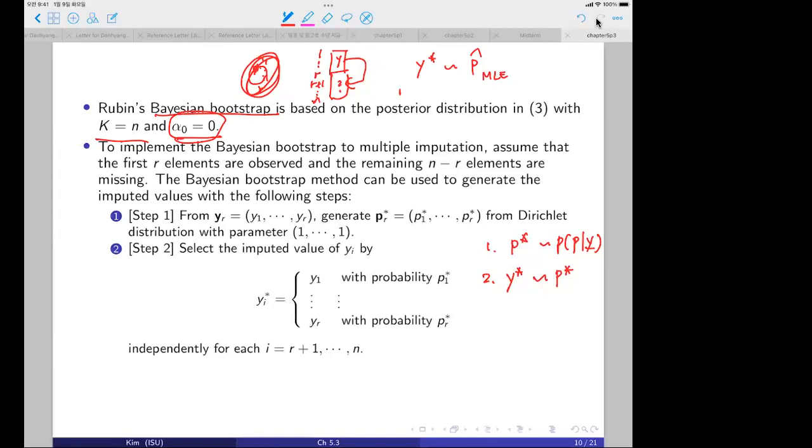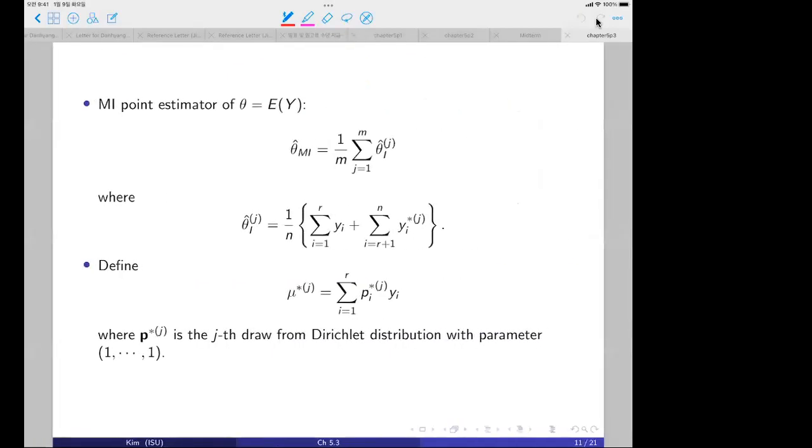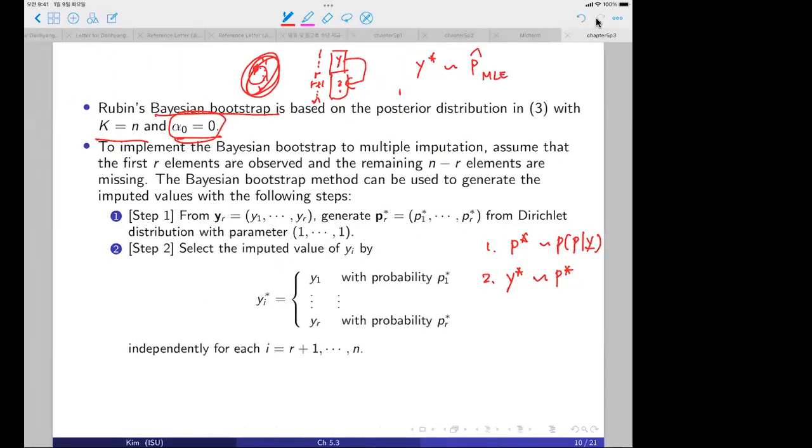And then that is actually kind of uniform, right? But with that you generate, and basically this is the multiple imputation. So it's like a Bayesian way of doing bootstrap: rather than generating the bootstrap sample from the MLE, you generate the bootstrap sample from the posterior.